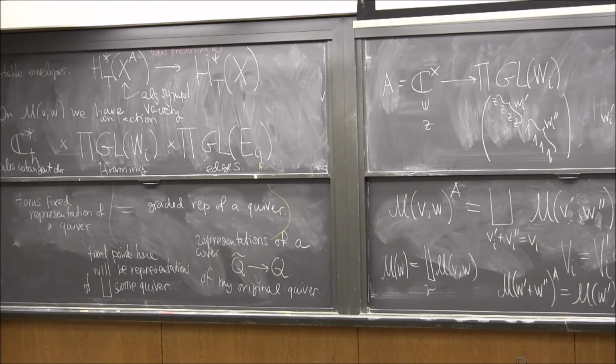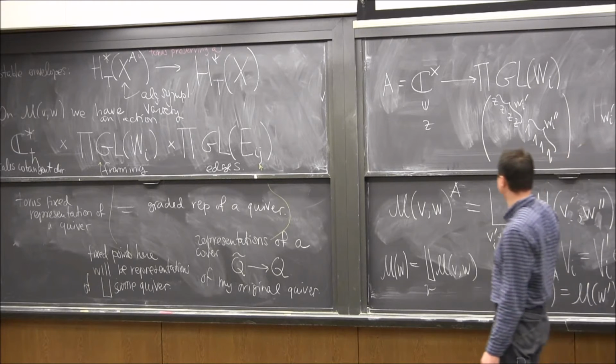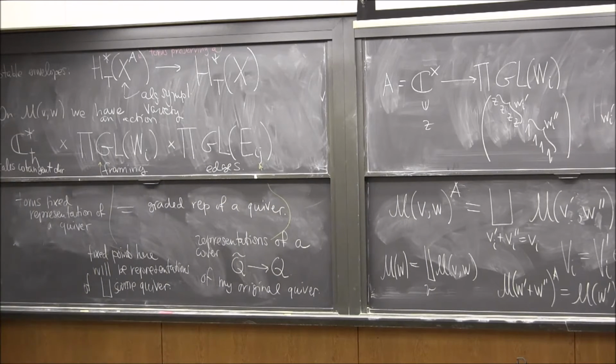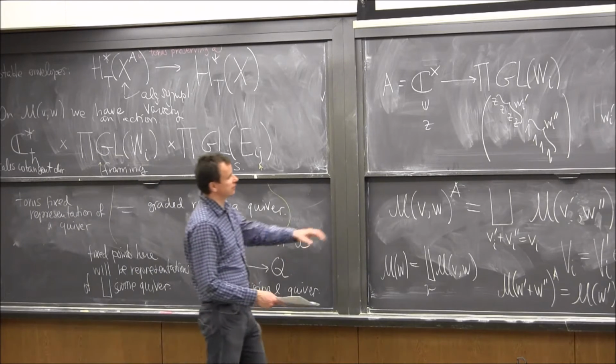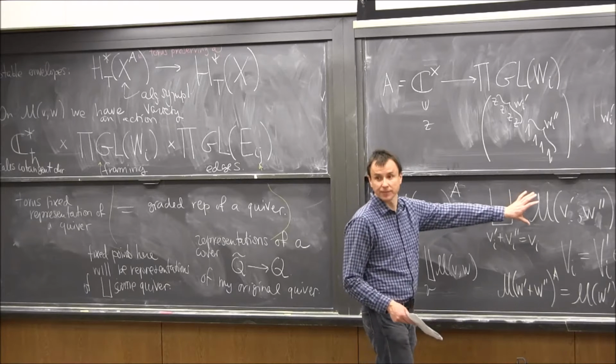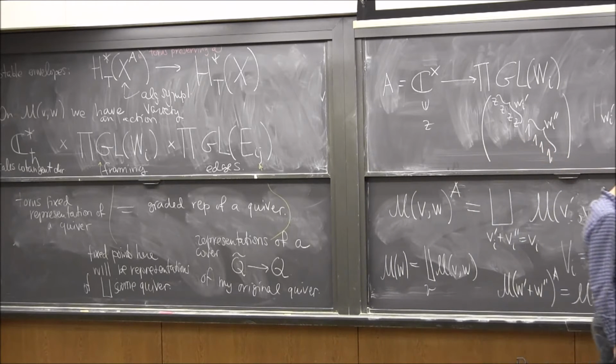So here, if we look at this picture, there is a very elementary geometric point: these are different components of a C-star acting on some variety, and these are different connected components. And different connected components of X to the A are always ordered by what lies in the closure of itself.